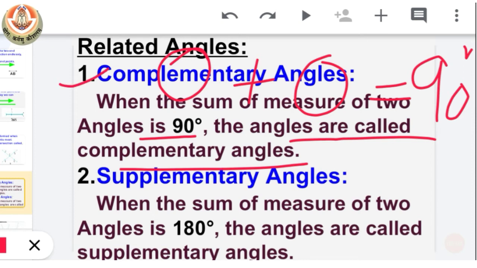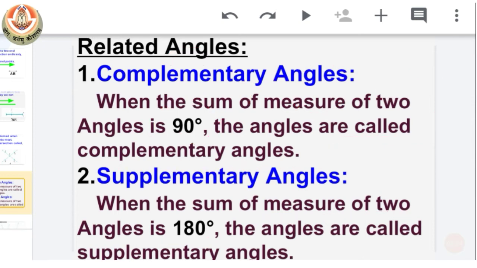Okay, so now let's move on to supplementary. As in the case of complementary angles we have 90 degrees, in the case of supplementary angles the sum of two angles should be 180. Then we call these angles supplementary angles.